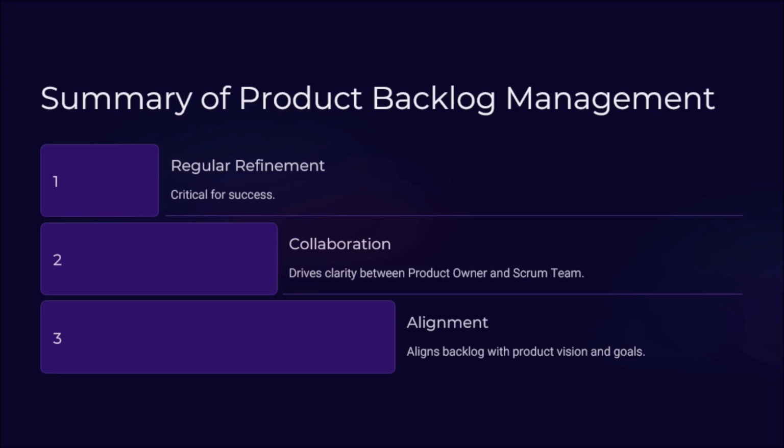So product backlog management is the cornerstone of Scrum, ensuring the team works on the right task at the right time. Having regular refinement, prioritization, and collaboration keeps the backlog aligned with the product vision. And this approach supports agility and maximizes the value delivered to stakeholders.